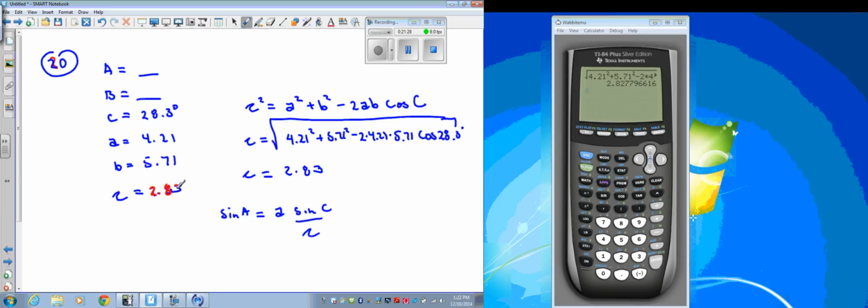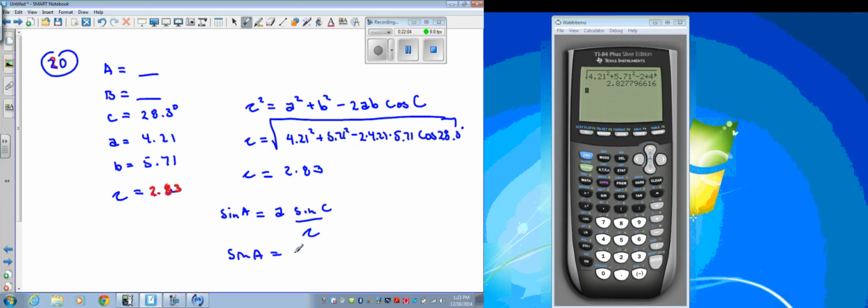But when you're using case 3 and 4, you're just going to have to accept that error, because it's a round-off error, because it's really 2.82779 something. Unless we keep pulling that number in, then we can get accurate. Now, I am not going to do sine inverse of this.